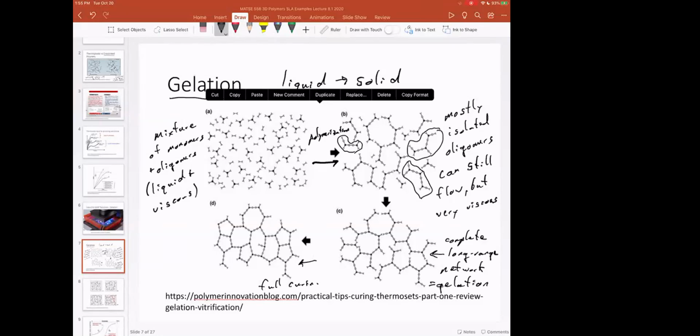This gives you a good schematic of how the process works, but finding the gel point is a matter of experimenting. How to find this transition from a viscous liquid to a solid gel is a matter of mechanical properties, and I'll show you how that's done in the next couple of slides.